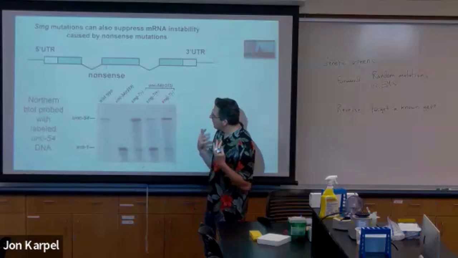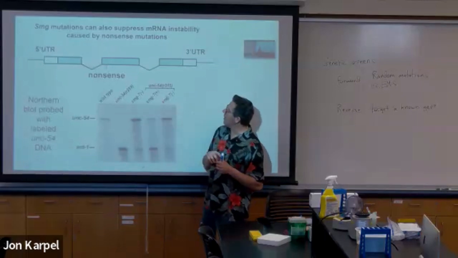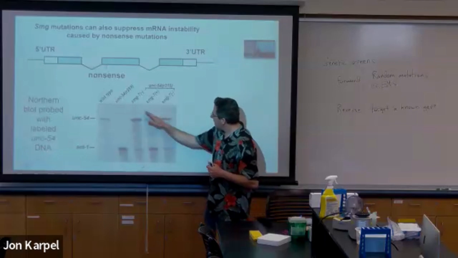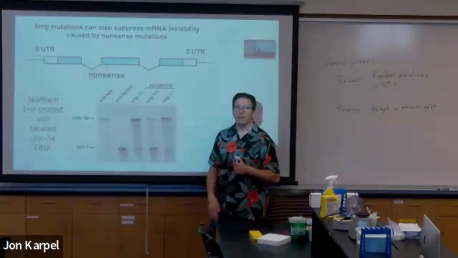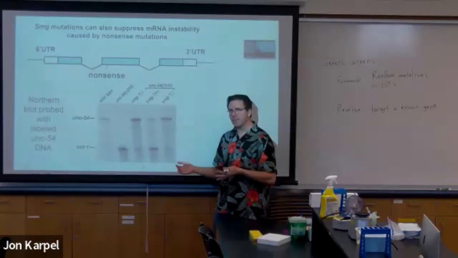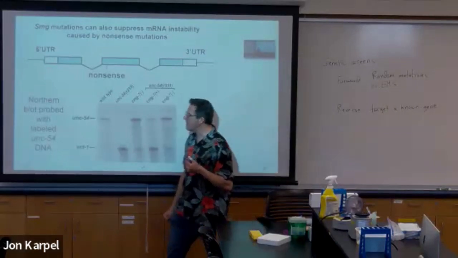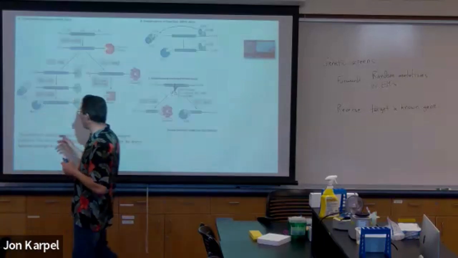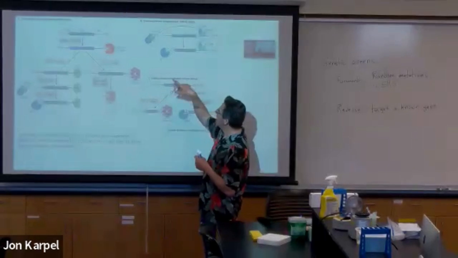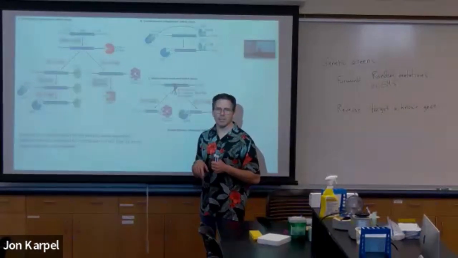And so they found these proteins, they call them SMGs. They found that these suppressor mutations gave you functional mRNA, which suppressed the paralyzed phenotype. And what they found is that the SMG proteins were actually part of the mRNA degradation process.